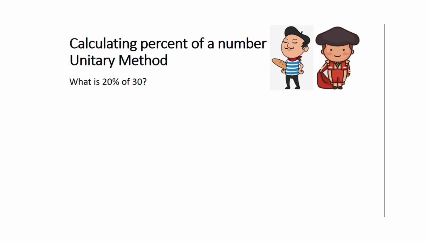Now let's use the unitary method. So we have 20 out of 100, and we're going to separate these. Unitary method, because I want to know what 1 is equal to. 20 out of 100, but how much is it out of 1? So to find 1 from 100, I need to divide by 100.